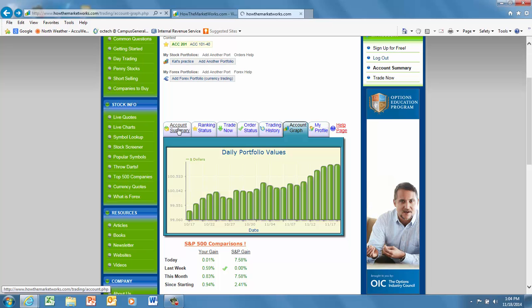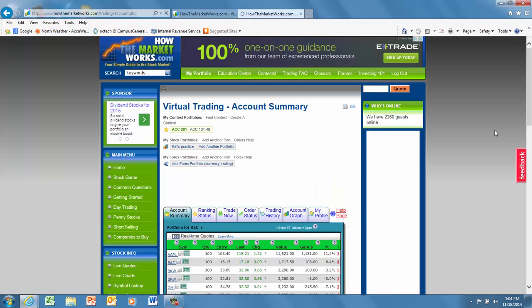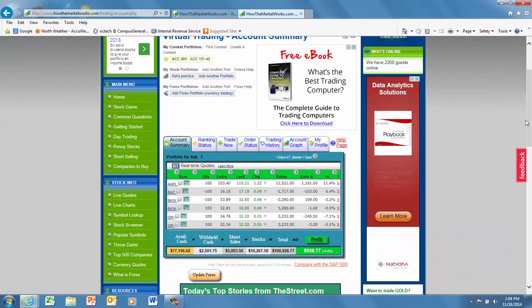Okay, and my account summary, which again just shows my various trades, the quantity that I had, what the price was when I first bought or sold that, what is the most recent price, and how the CHG has changed.